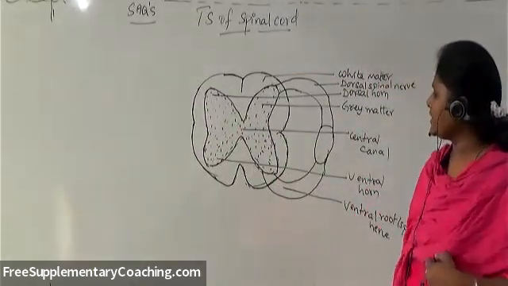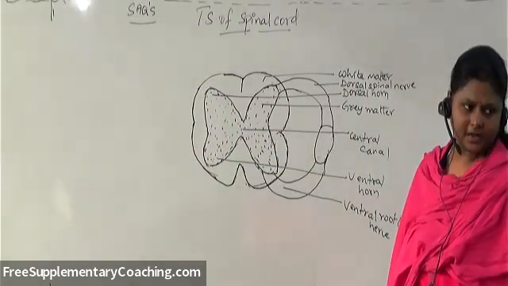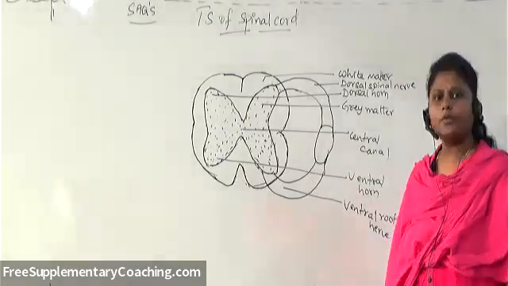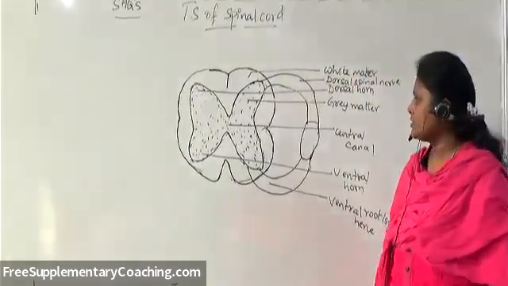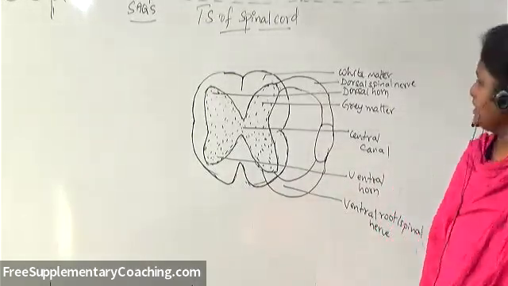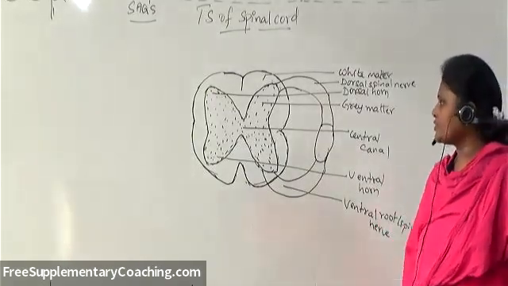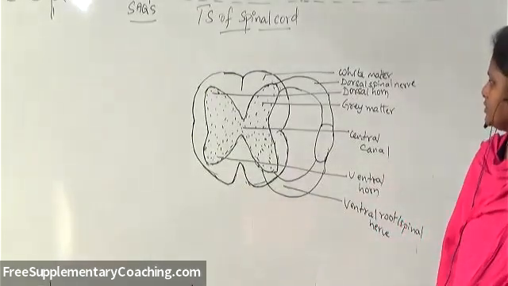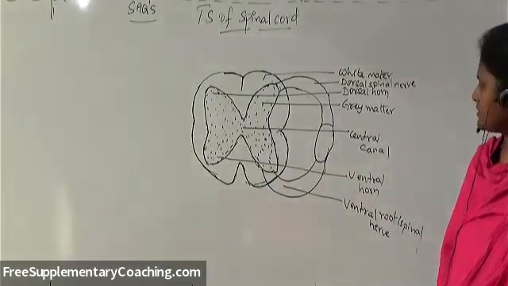The ganglia arising from the dorsal horn are called the dorsal root ganglion, and those arising from the ventral horn are called the ventral root ganglion, and this is the dorsal spinal nerve and this is the ventral spinal nerve. So this is the labeled diagram of TS of spinal cord. Like this, at least 5 important points you are supposed to label along with the diagram. This carries 4 marks.